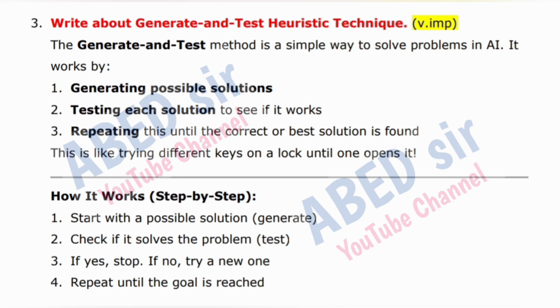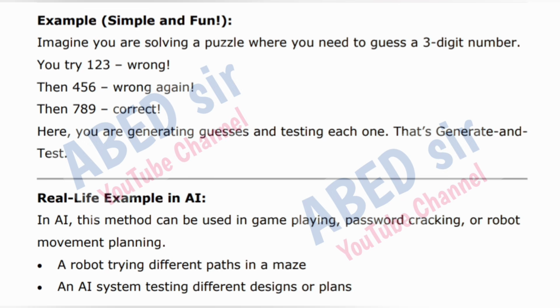How it works, step by step. 1. Start with a possible solution, generate. 2. Check if it solves the problem, test. 3. If yes, stop. If no, try a new one. 4. Repeat until the goal is reached. Example, simple and fun.